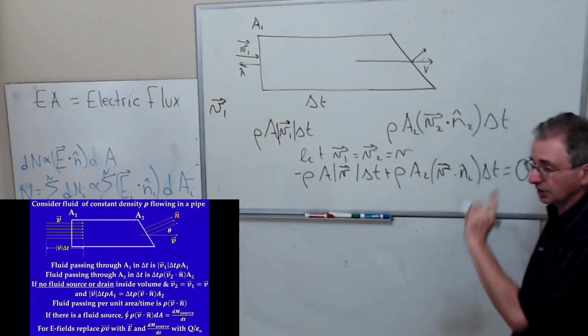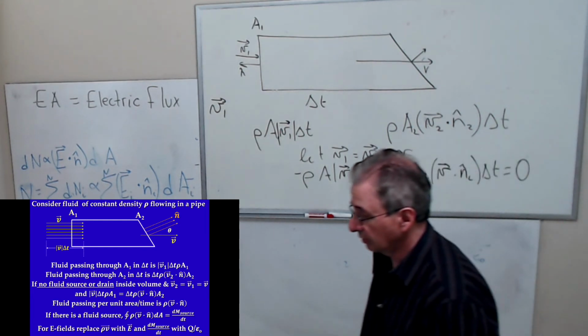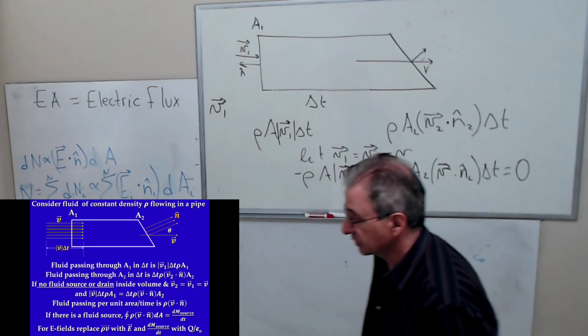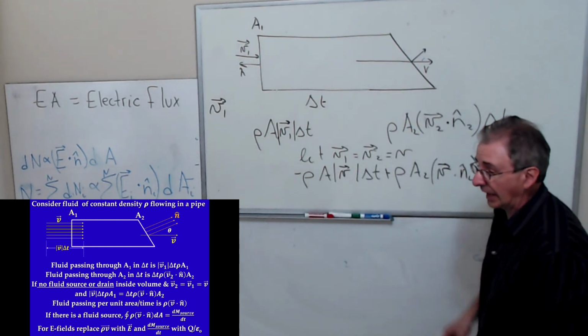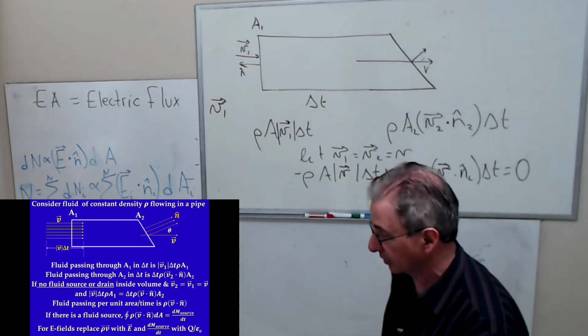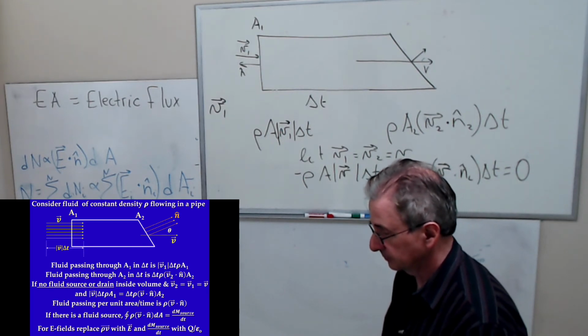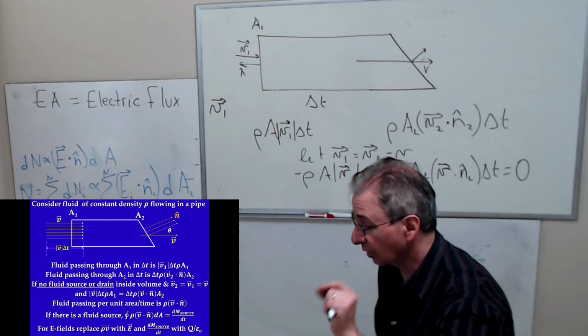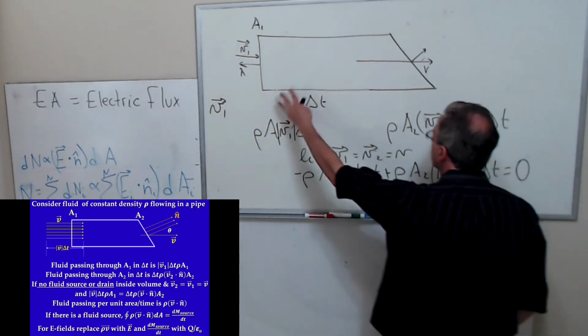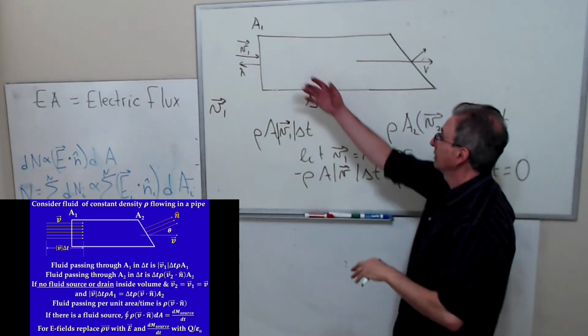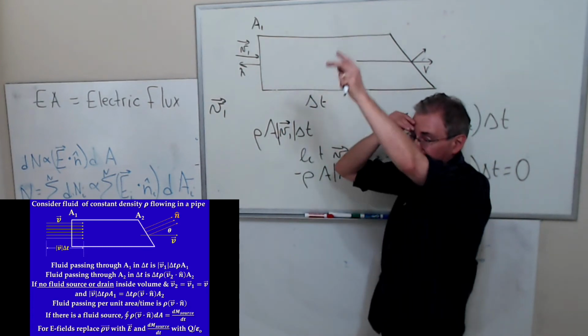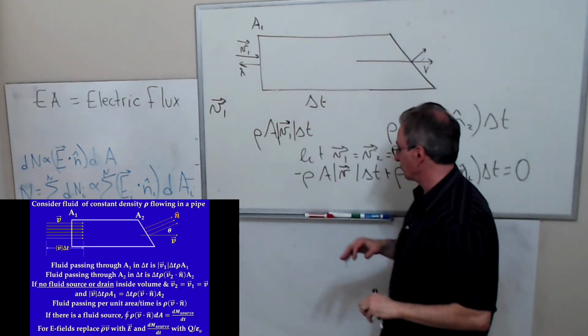That means whatever goes in is equal to whatever goes out. The n vector is the normal to the surface. It's the line that is perpendicular to the surface. Okay, so this is the total flux through. I'm ignoring the lateral sides, but it's possible you can have fluid going through the lateral sides.